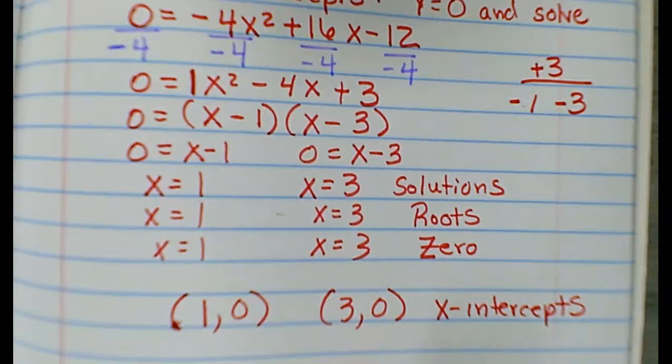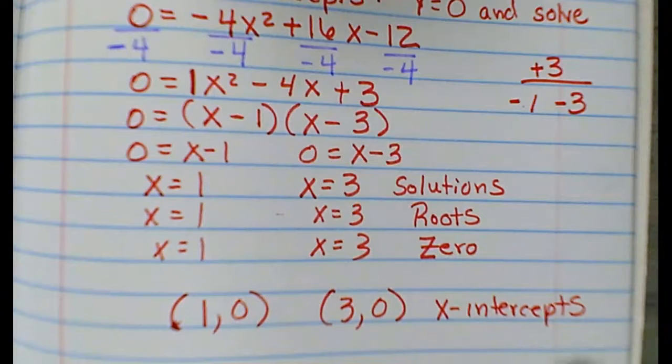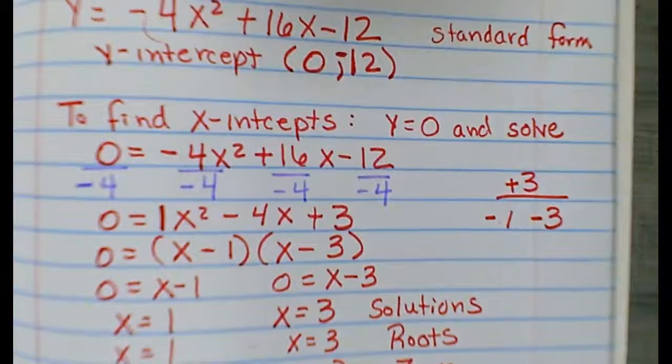That is not mathematically necessary, it's just to help me with the grading, so that everybody puts the problem in the same way. So from our standard form, it's easier to find our y-intercepts and our x-intercepts. From our vertex form, obviously, it's easier to find the vertex.